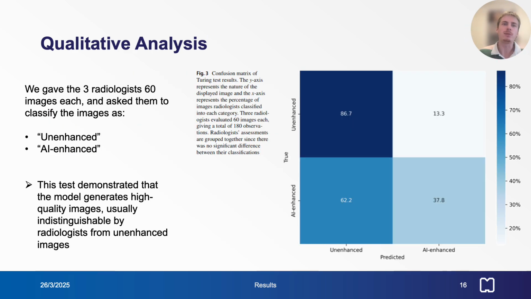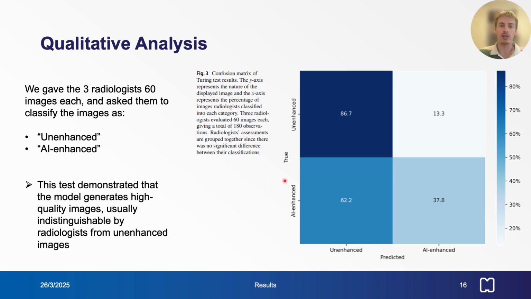So for the first part of the qualitative testing of model performance, we gave the 3 radiologists 60 images each, and we asked them to classify the images as either unenhanced or AI enhanced. Now, you can see from the confusion matrix that when radiologists were given unenhanced images, they mostly classified them as that.